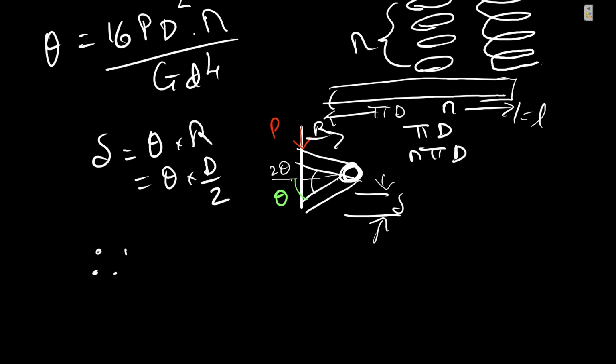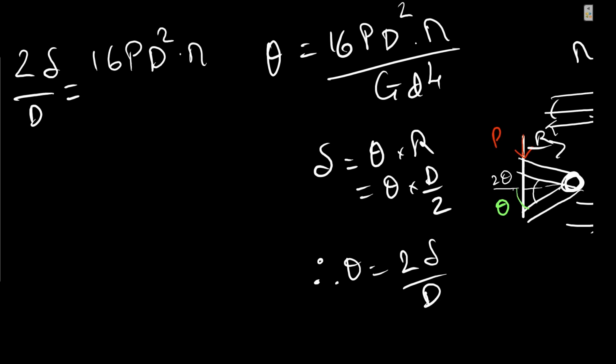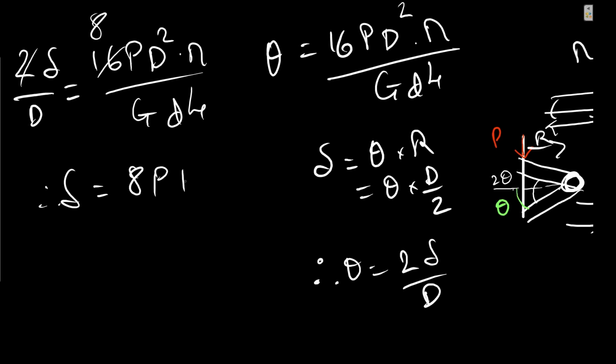Therefore, theta can be rewritten as 2 times deflection divided by D. Now when we replace this formula in the above equation, what we wind up getting is 2 times deflection by D equals 16 P D squared n by G d raised to 4. Now all you have to do is simplify, and the linear deflection of the spring is given by the formula 8 P D cubed n by G d raised to 4.